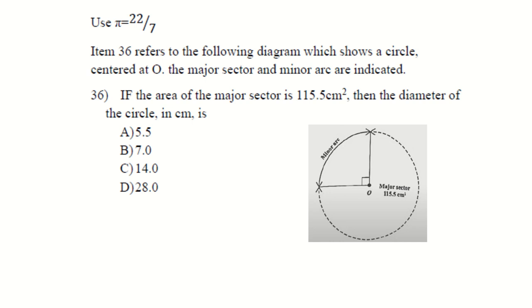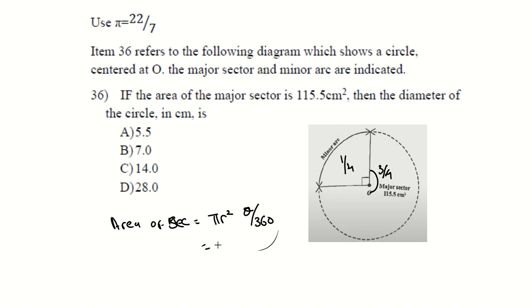So first off, what we have to recognize is that this is a quarter and this is 3/4. If we remember, the area of a major sector, the area of a sector, is pi r squared multiplied by theta over 360, which is your fraction, right?